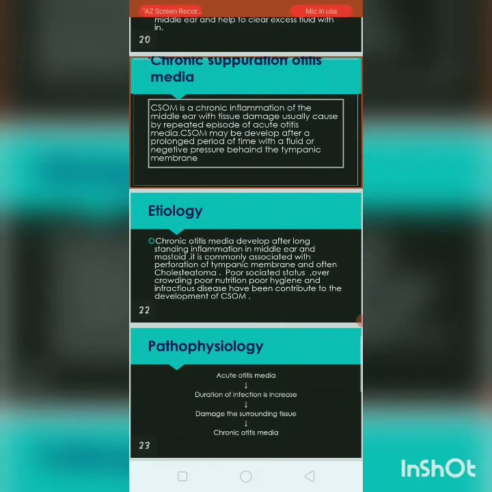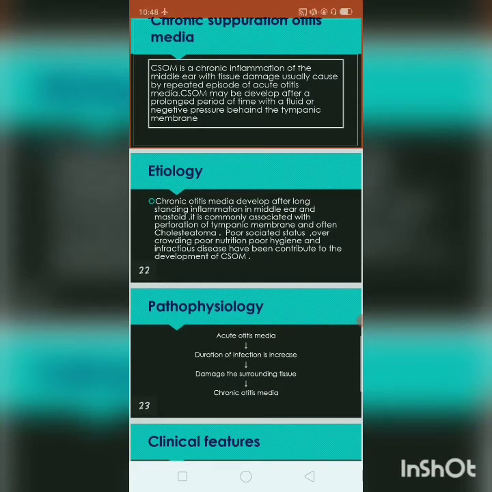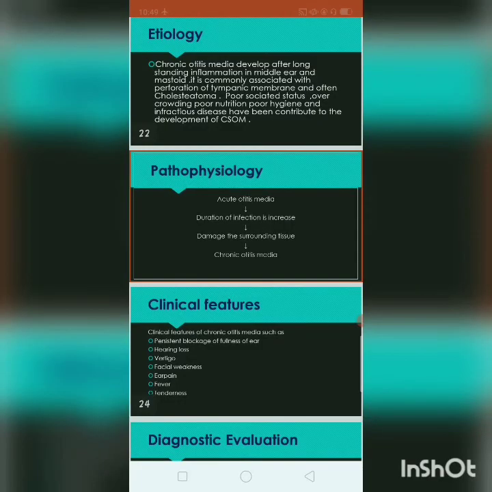So chronic otitis media, how does it occur? Because of repeated or prolonged episodes of acute otitis media. Chronic otitis media develops after long-standing inflammation in the middle ear and mastoid.